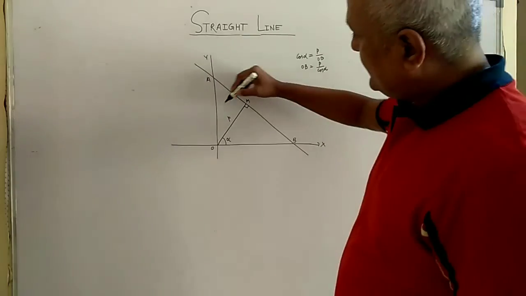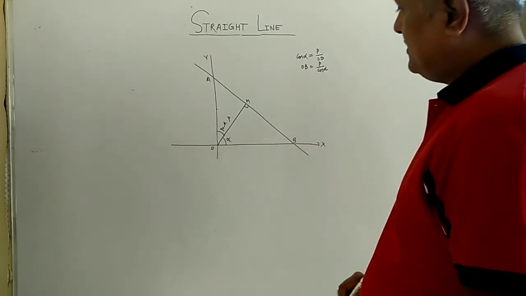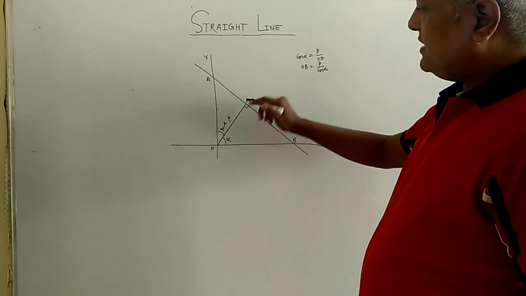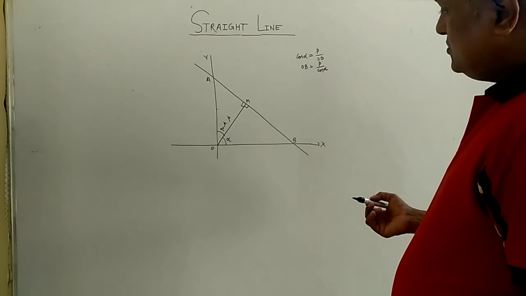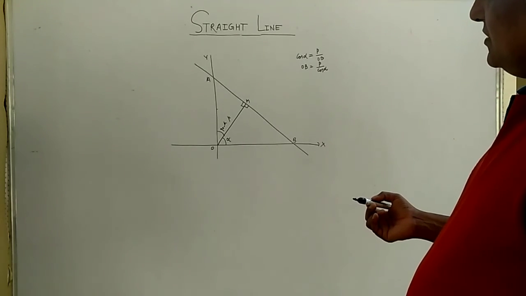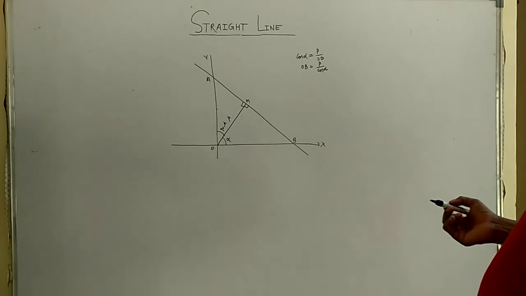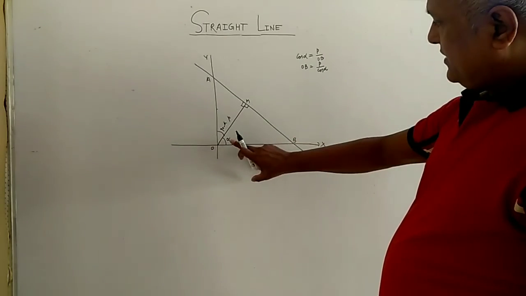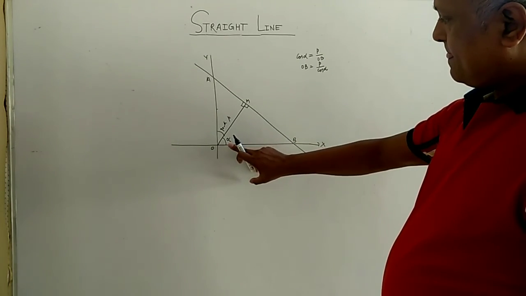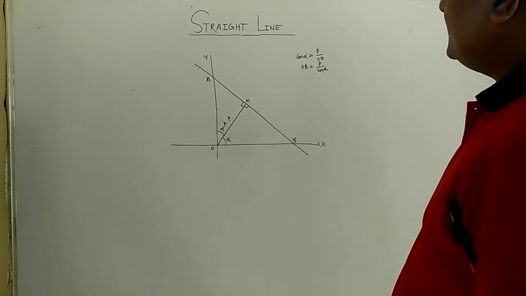Now I have to find this other line segment. This is alpha, so what is this? This is 90 minus alpha. Again this is 90, so that is also 90. This is the hypotenuse.